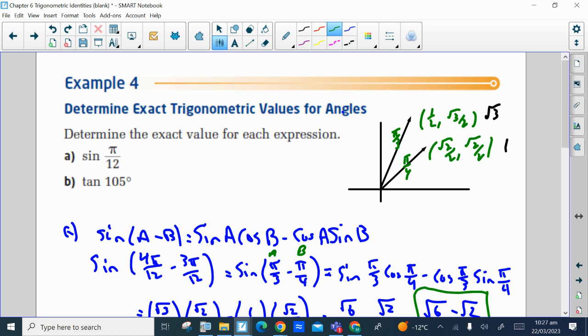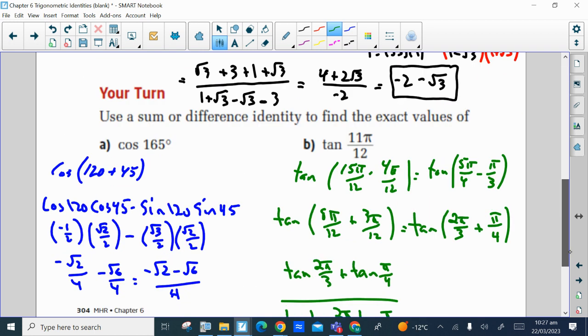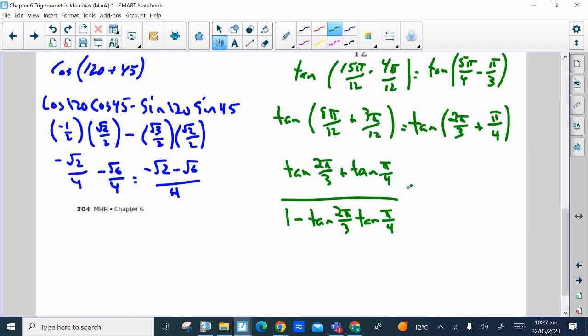So that would again put us in the second quadrant. It would have the reference angle the same as pi on 3, where at pi on 3 the tangent is root 3, but in the second quadrant tangent is negative, so it'll be negative root 3, plus tan of pi on 4 is 1 all over 1 minus negative root 3 times 1.